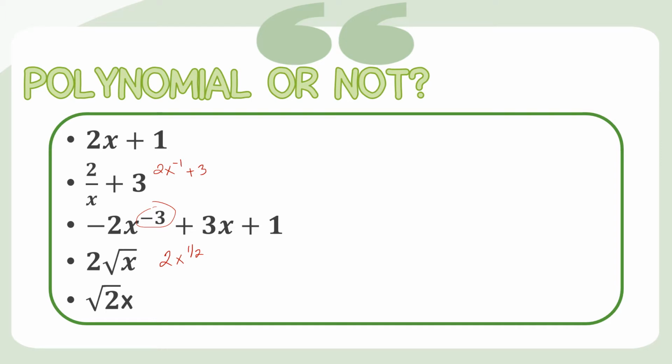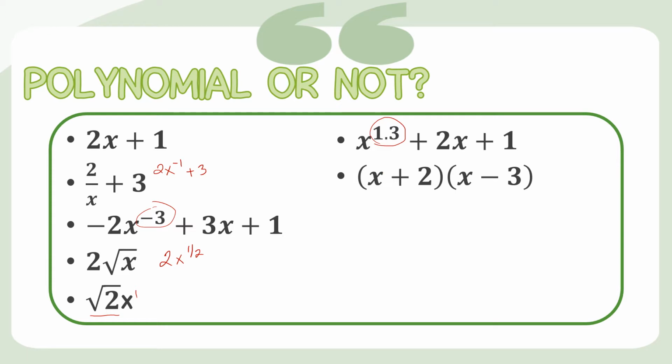Yes, this is a polynomial because square root of 2 is a real number. And this x, ang exponent niya ay 1, di ba? Hindi na natin nilalagay yun. How about this? Okay, this is not dahil we have a decimal, 1.3 na exponent. So, bawal yun.